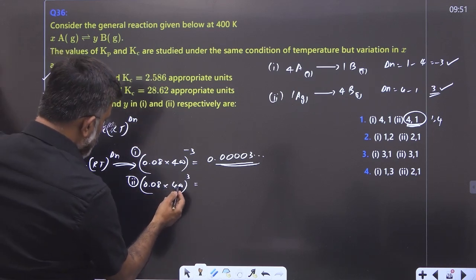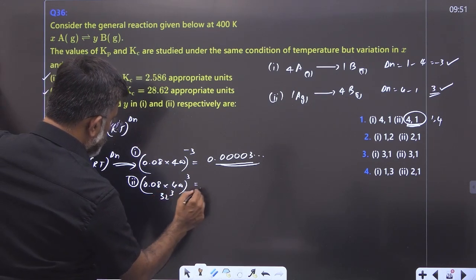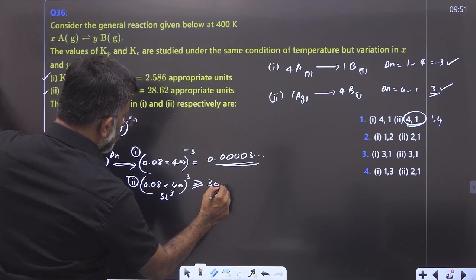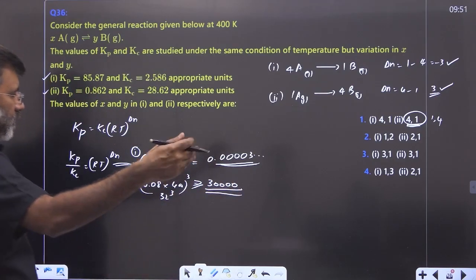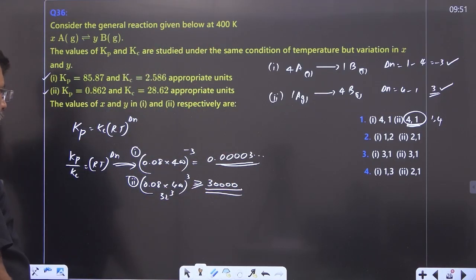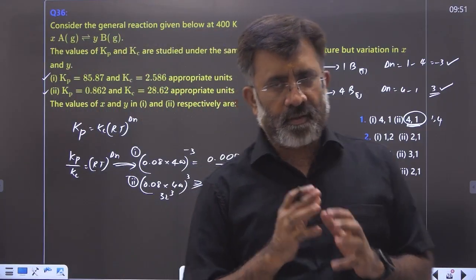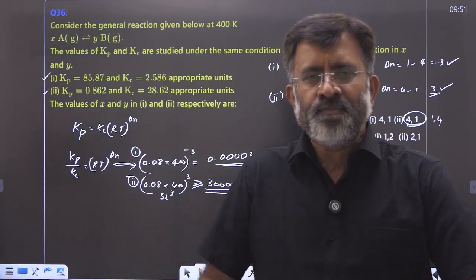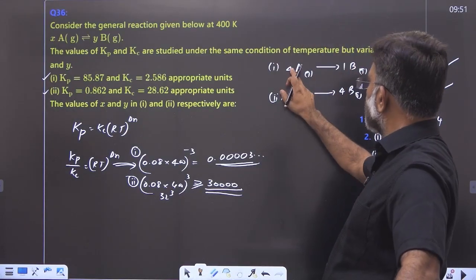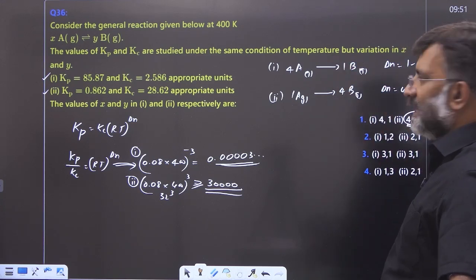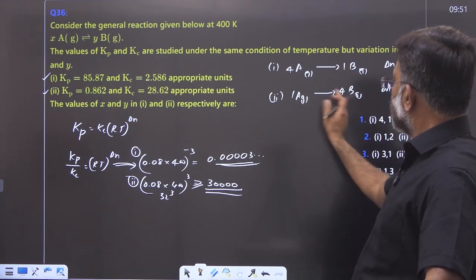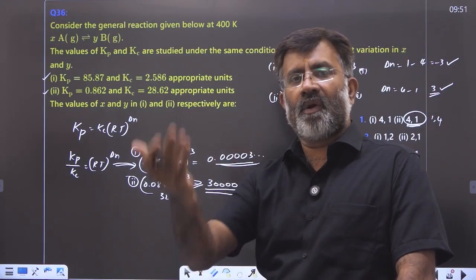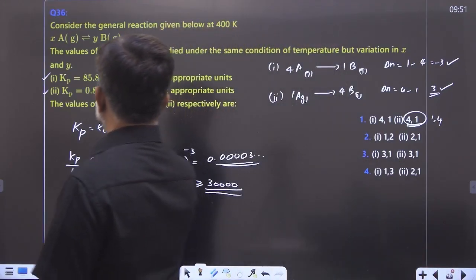When you work this out, 32 raised to 3 comes to nearly above 30,000, something like 32,000. Do you understand? So I am checking the first option, whether it is 4114 or 1441, whatever it is. If the coefficient here is 4 and here is 1, delta n is -3. If it is 1-4, it will be 3. So let us check according to the coefficients, delta n of 3 or -3. This is the figure that we can cross-check here.